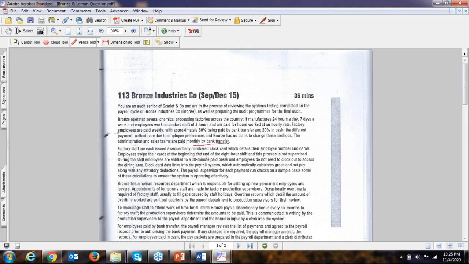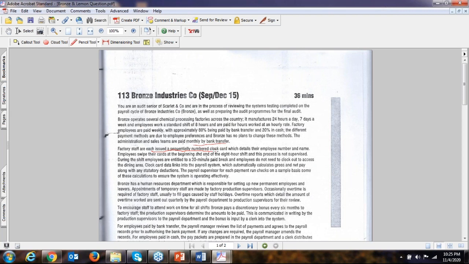Factory staff are each issued a sequentially pre-numbered clock card. This is a control designed by the management.